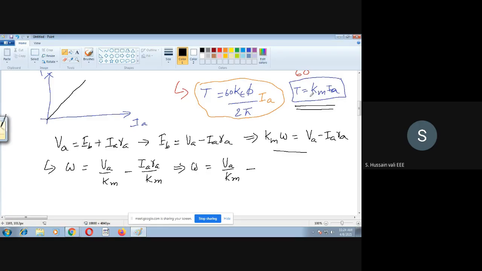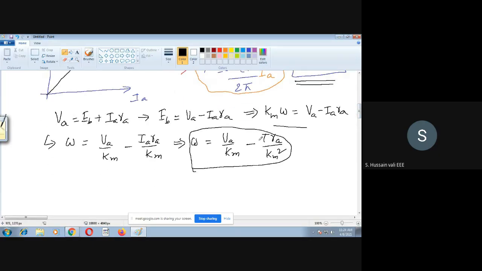So from this, Ia is equal to T by Km. So that I will represent here: T by Km. So T into RA by Km, it becomes Km whole square. So this is the expression for omega we got.